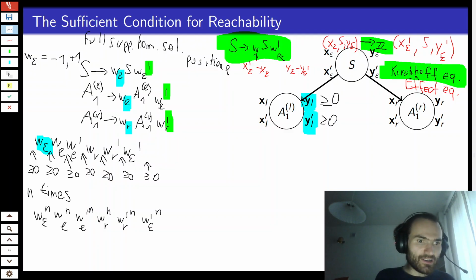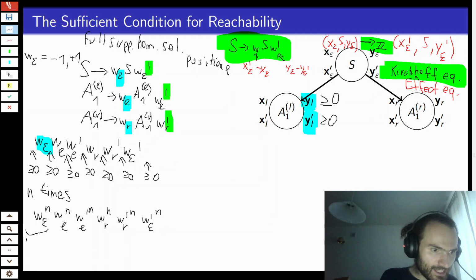And now, what do we know? If you write this out here, this is a long sequence of W epsilons, right? Well, the point is, in this very long word, there are now 6n locations where we know that we are greater than or equal to 0.